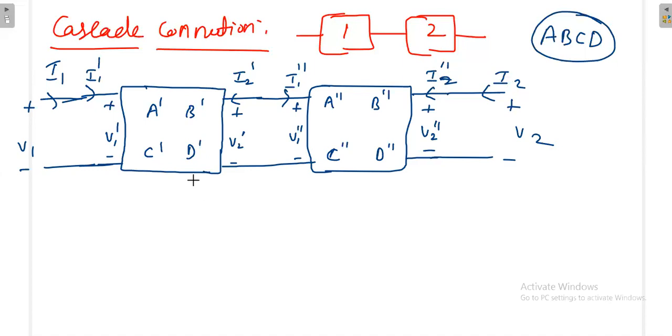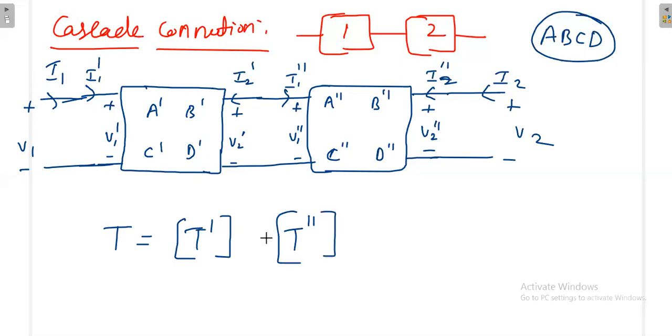With that, try to prove that the T parameter of the overall network is the product of the T parameters of the individual networks. The only point here is it is not an addition, it is a product. Whenever you have a T parameter for a cascade connection, you have to do the matrix multiplication. You calculate the individual T parameter values, then you do the matrix multiplication.